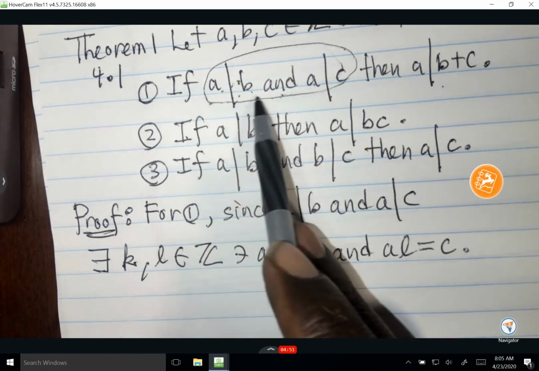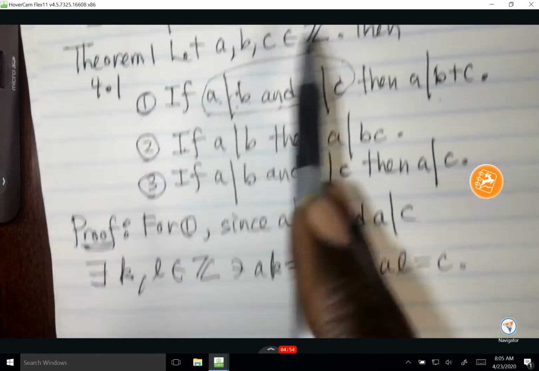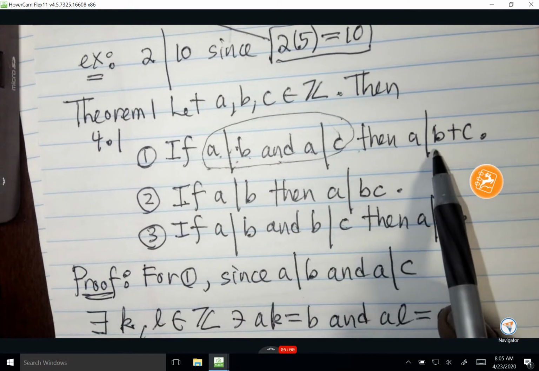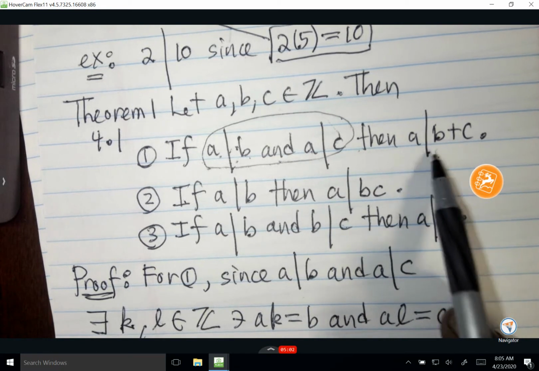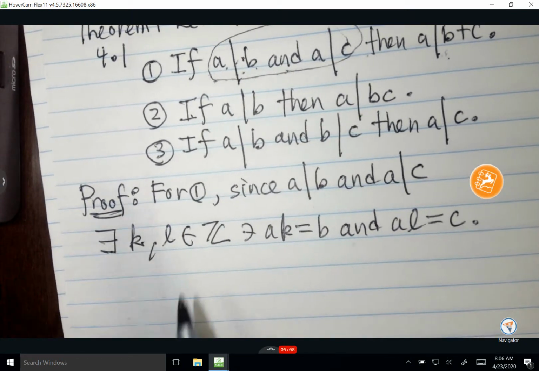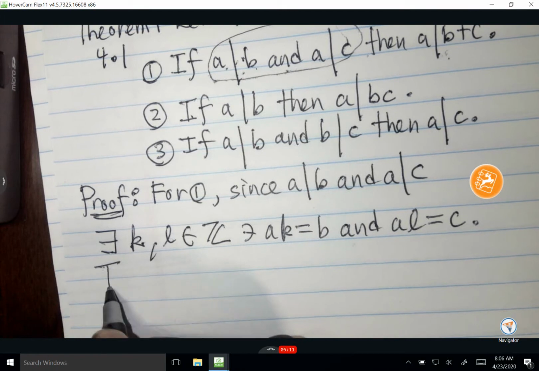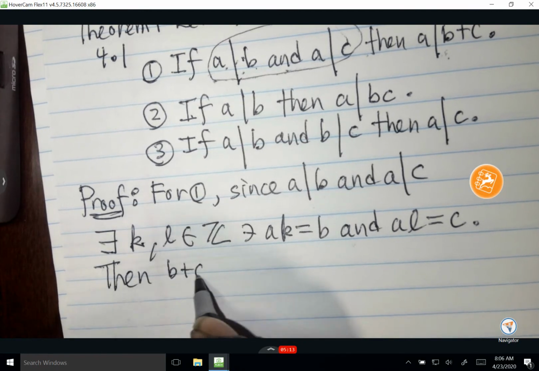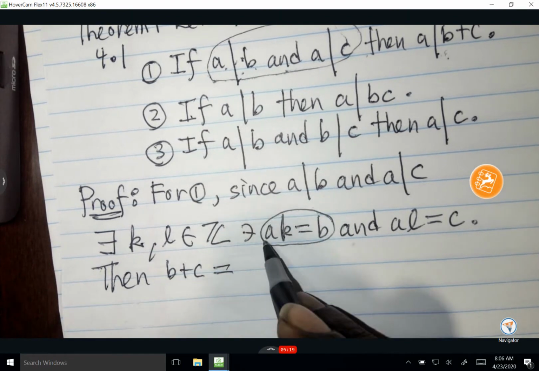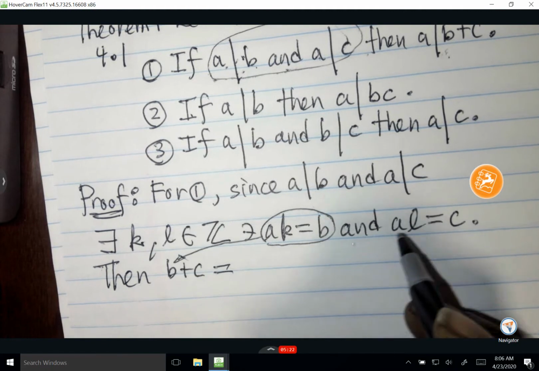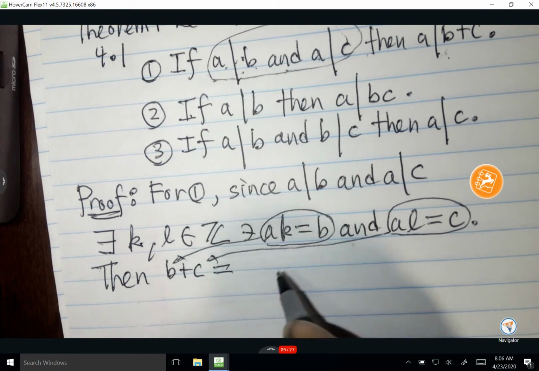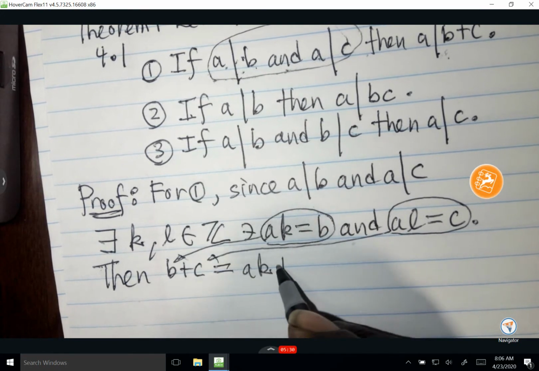So I've just exploited that A divides B and A divides C through this definition up here.